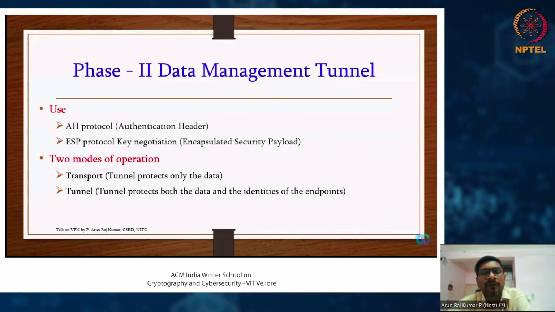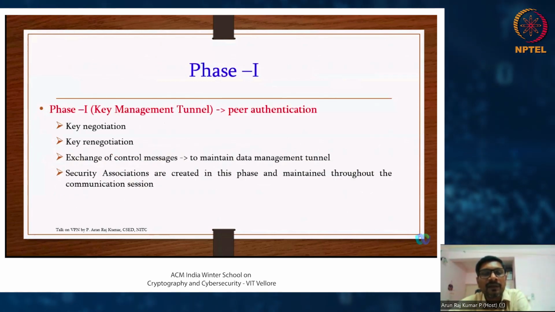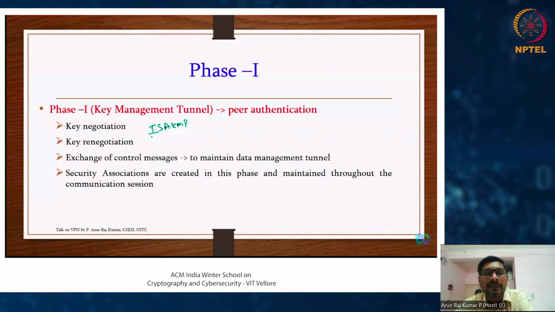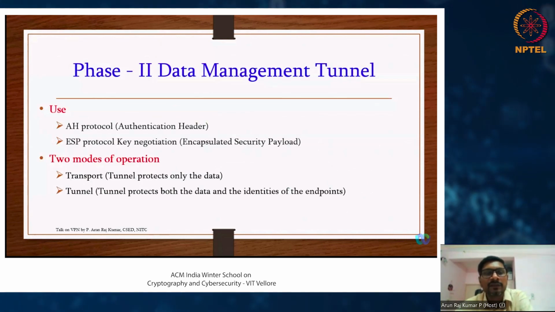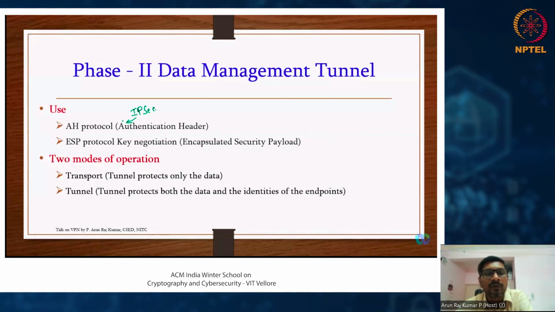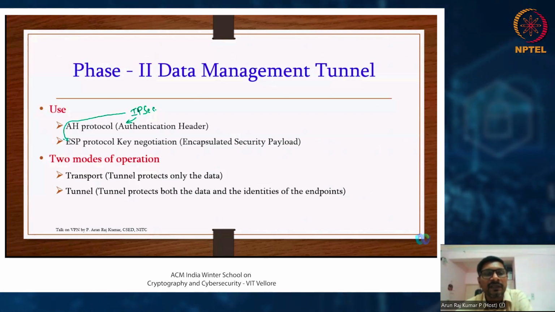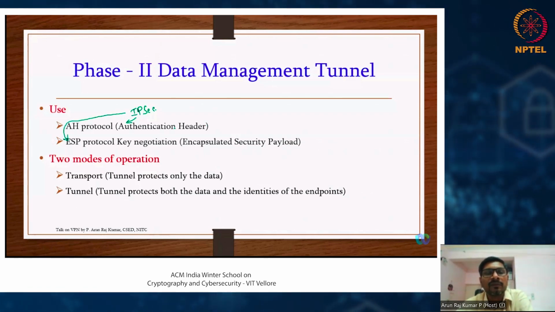In phase two, there are again two types of IPsec. In phase one it is IKE, ISAKMP, which is Internet Security Association Key Management Protocol. In phase two, we call it IPsec. So in the IPsec framework, we have two protocols: one is AH, the other one is ESP. There are two modes of operation in each protocol.